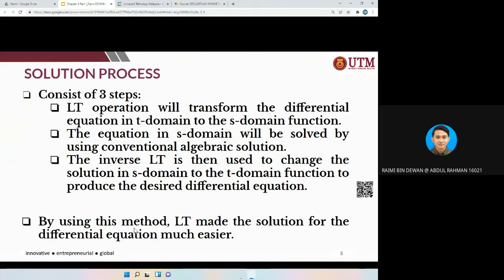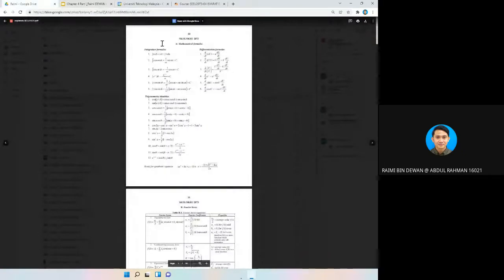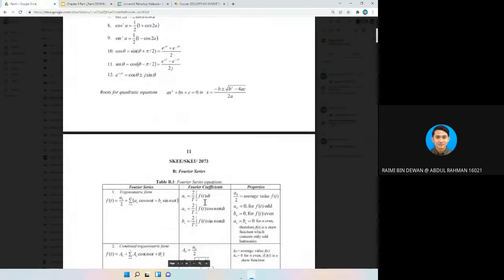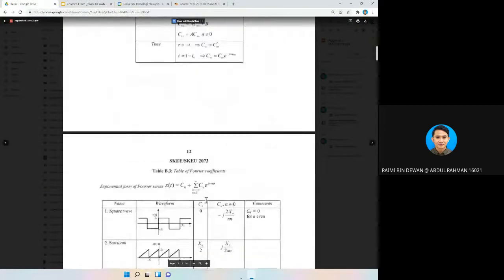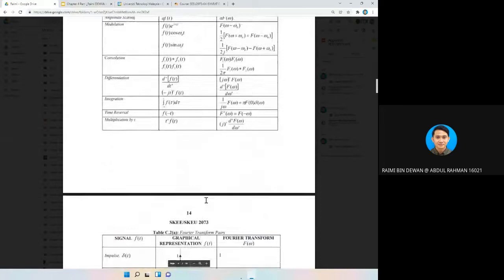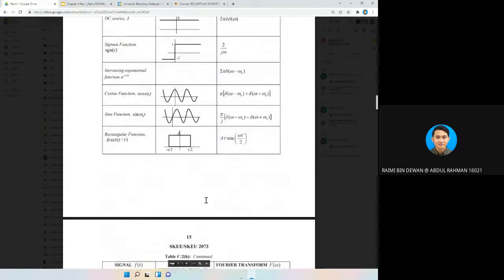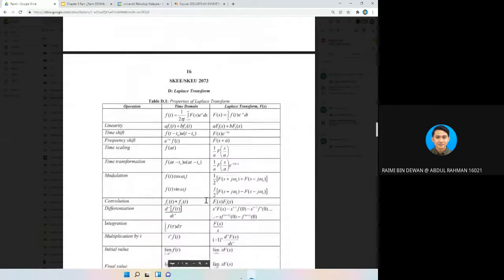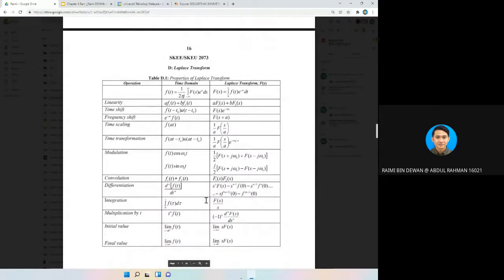Let's see from our appendix where our Laplace transform lies. You refer to your appendix 16. So you can see here the Laplace transform.